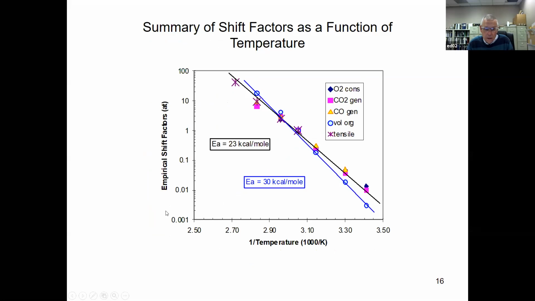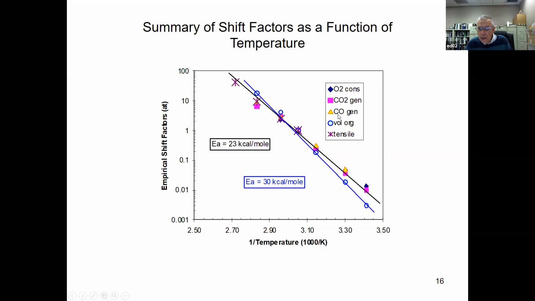So here are our shift factors as a function of inverse temperature plotted on an Arrhenius plot. The dark blue diamonds are the results from the oxygen consumption rate. Somewhat hidden, but they're right here. And then here is the CO2 generation rate, pink squares.